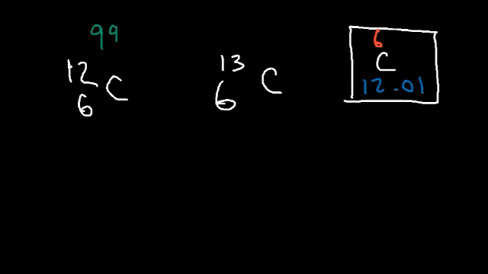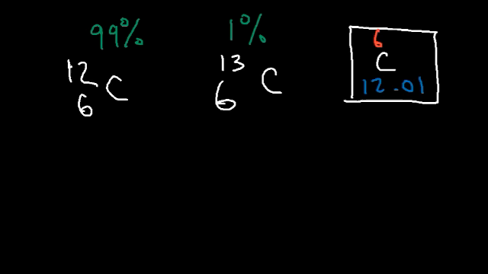Approximately 99% of carbon atoms are the carbon-12 isotope, and about 1% are carbon-13. So if you have a sample of 100 carbon atoms, 99 of those will be carbon-12 and 1 would be carbon-13. If you have 1,000 carbon atoms, 990 would be carbon-12 and 10 would be carbon-13, since 1% of 1,000 is 10.